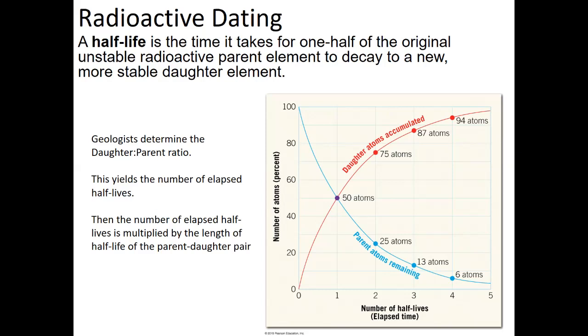All right? And so often there's a different number of neutrons than protons in the nucleus. And we call those isotopes. Any atom that has a different number of neutrons than protons is an isotope.